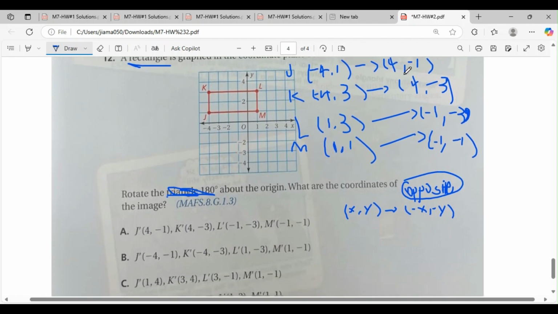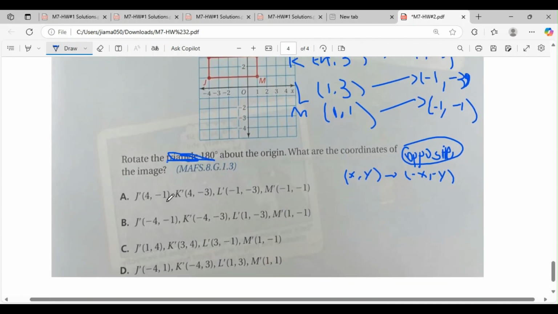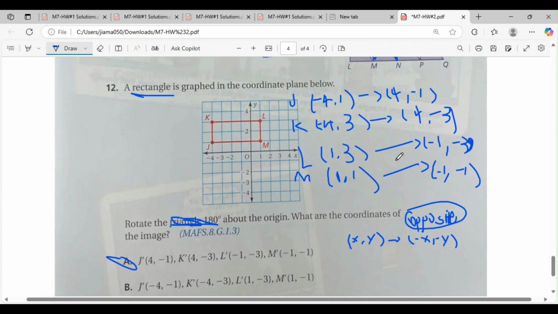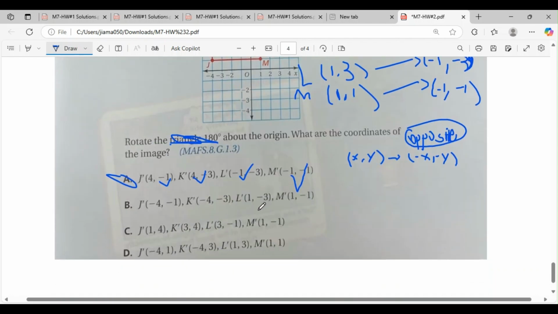J is 4, negative 1. So A. And K, 4, negative 3. Yes. L is negative 1 and negative 3. Yes. M is negative 1 and negative 1. Yes, that's all correct. So A is our final answer and the correct option.